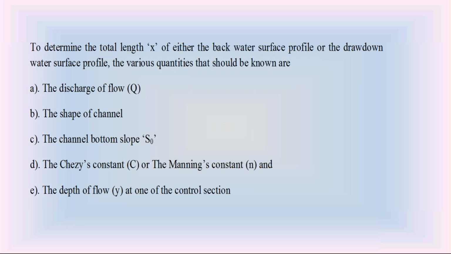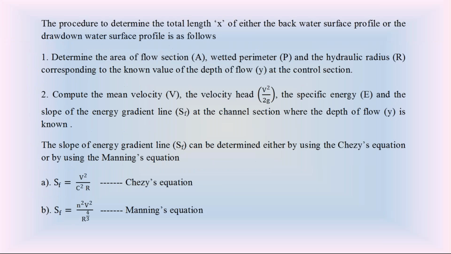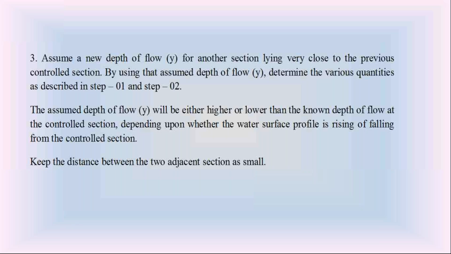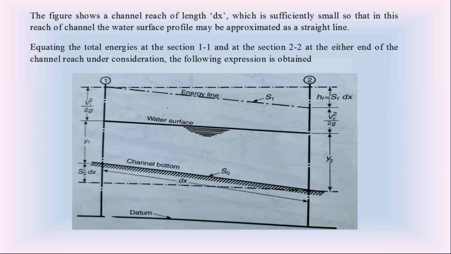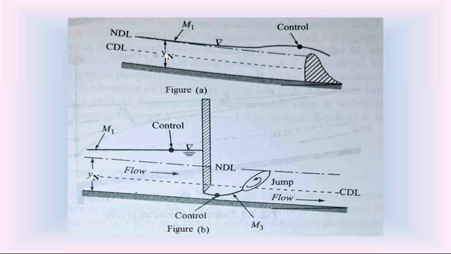By knowing all these values, we can use the single step method to find out the length of the water surface profile in the open channel. What is that control section? Already explained. In the control section, there is a relationship between the depth of flow and the discharge Q. If this is a weir or a dam, this is the location of the control section.